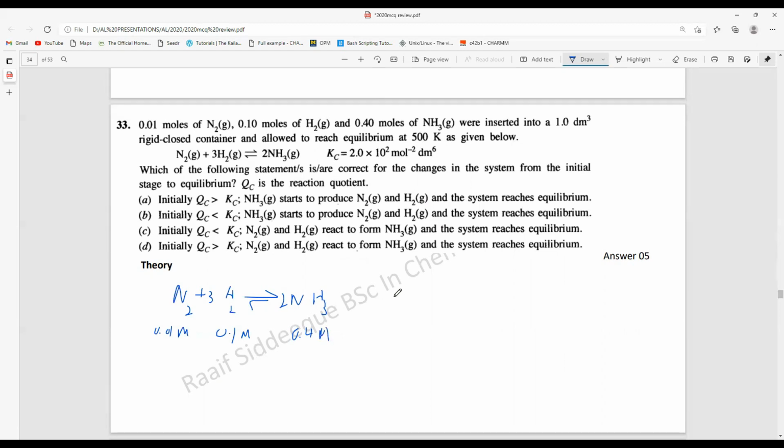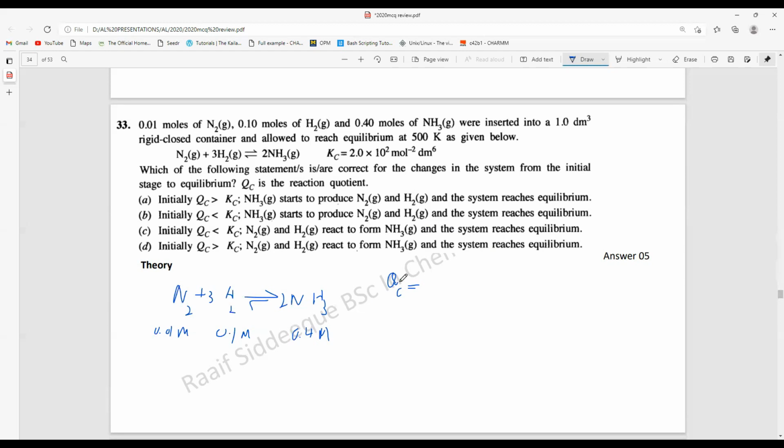So the reaction quotient is something that we calculate similar to the equilibrium constant, but before equilibration. I have explained this many times, and we discussed it in the past paper essay part as well.